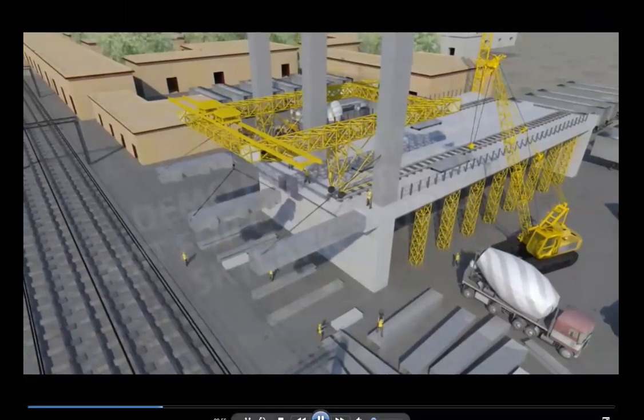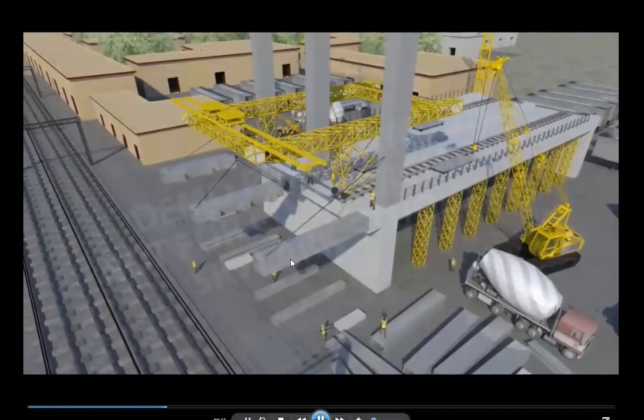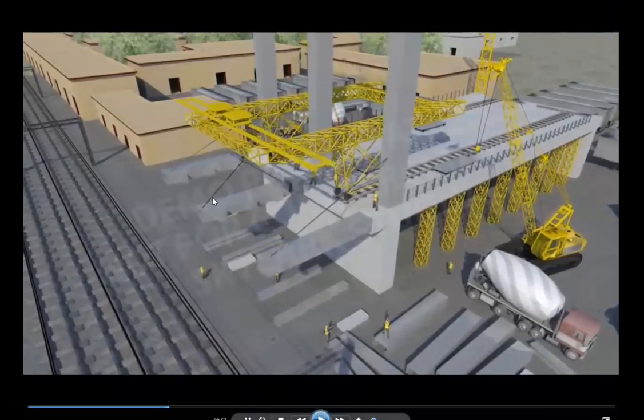So these are the prefabricated steel members, the rectangular boxes we have seen in the earlier slide.